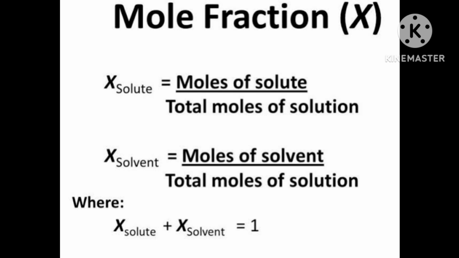Calculate the mole fraction of ethylene glycol. Ethylene glycol is a dihydric alcohol. 2 OH groups will be there. Okay. Then calculate the mole fraction of ethylene glycol C2H6O2 in a solution containing 20% of C2H6O2 by mass.